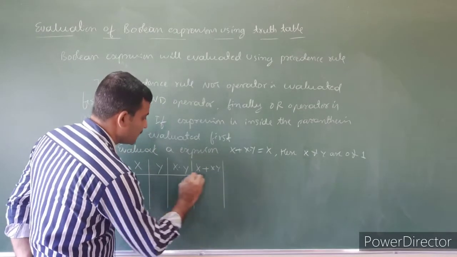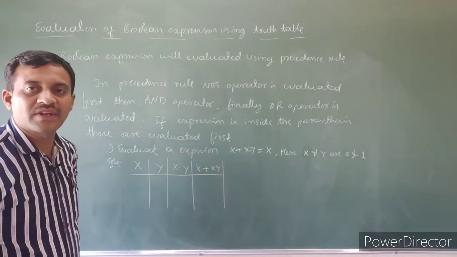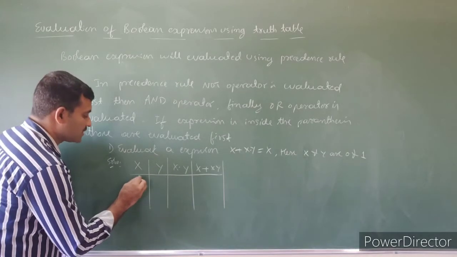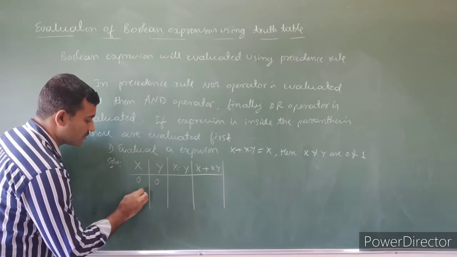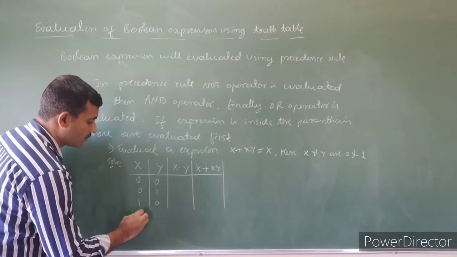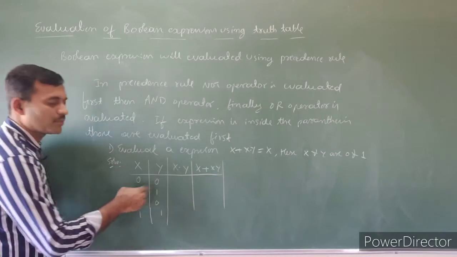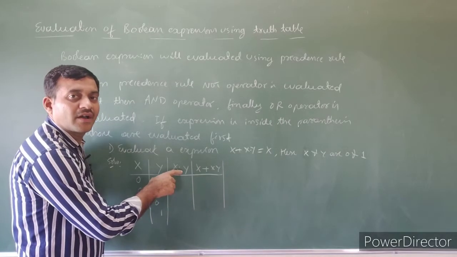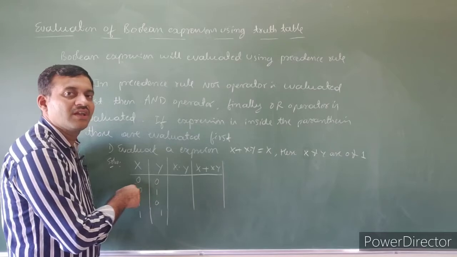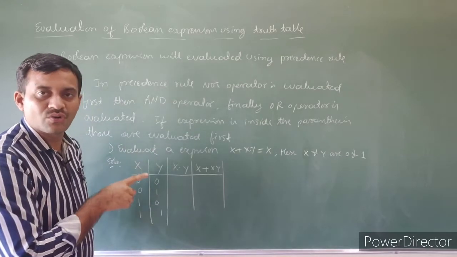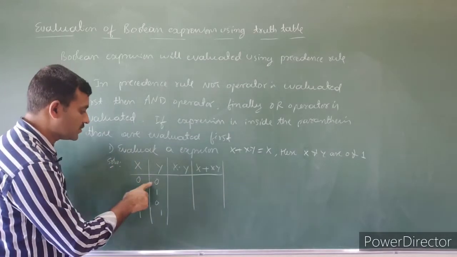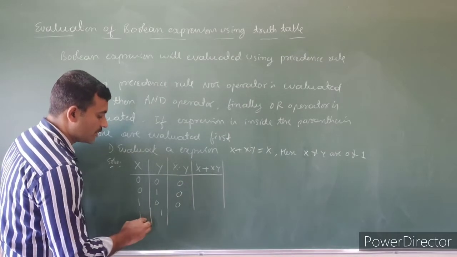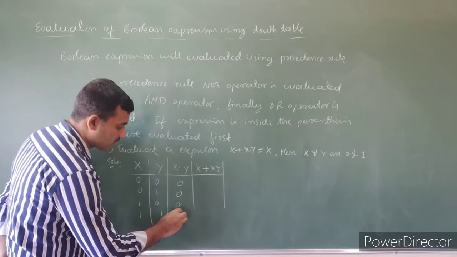See here, this is the truth table, with possible variables along with result values. For two variables, the possible combinations are 0 0, 0 1, 1 0, 1 1. Already we know the output of the AND operator. If any one of the values is 0, the output is 0. Here 0 0, output is 0; 0 1, output is 0; 1 0, output is 0. If both are 1, then the output is 1.